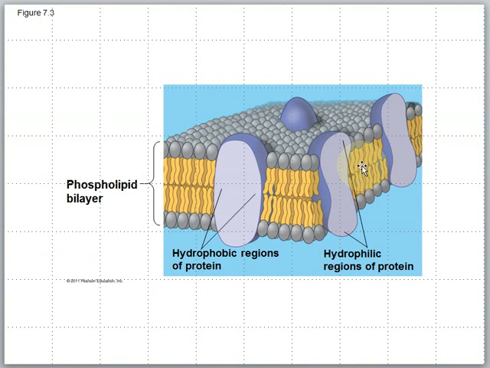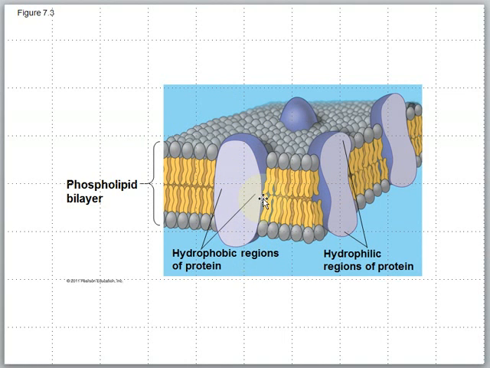So here's a model of what most scientists consider the plasma membrane to be now, a fluid mosaic model where you have the fatty acid chain tails on the inside and the phospholipid heads on the outside. So you have your two layers of phospholipids, and impregnated within that are these various proteins.